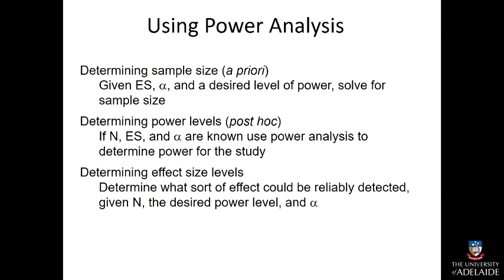Now, I'm going to talk about that in a little more detail later because it's not as straightforward as that. It's one of the things that people tend to get wrong in using power analysis. Nonetheless, the principle is correct. We know 3 things, we can determine the 4th.